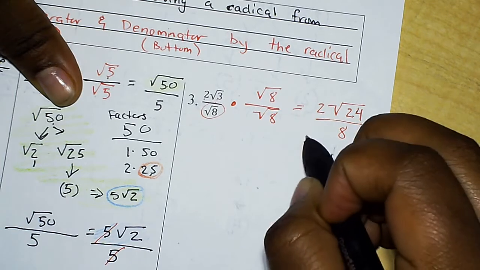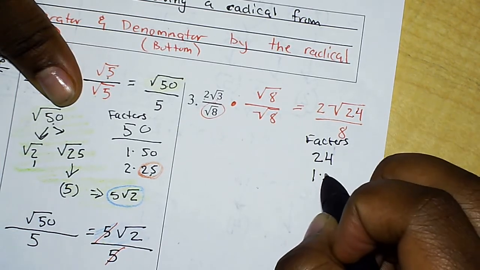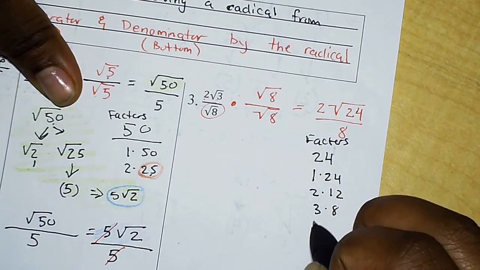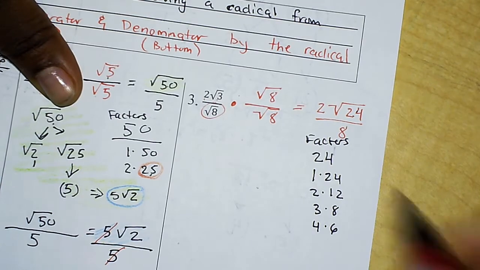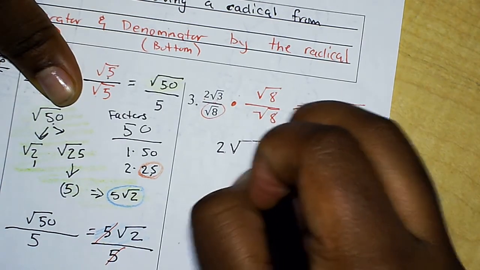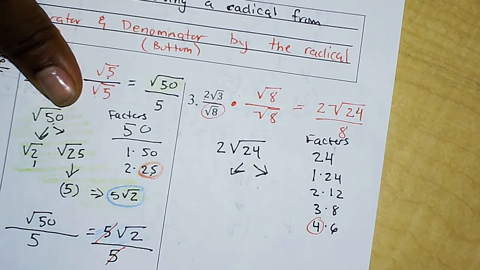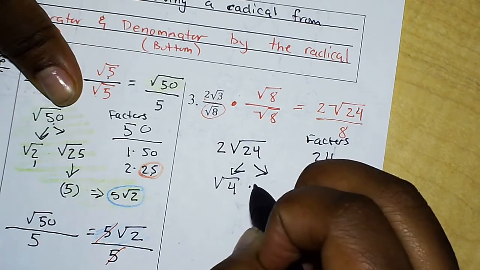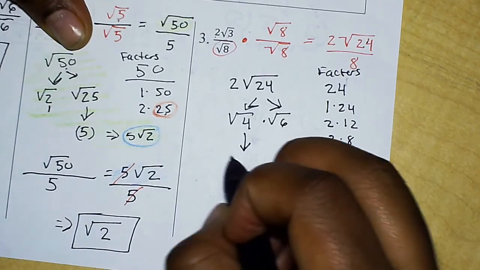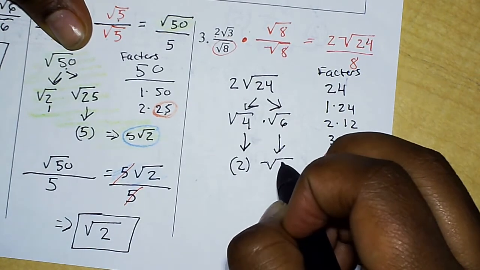So to list my factors of 24, I got 1 times 24, 2 times 12, 3 times 8, and 4 times 6. I'm going to take out 4 and 6. This is going to simplify to the square root of 4 times the square root of 6. 4 simplifies into 2. And the square root of 6 does not simplify.